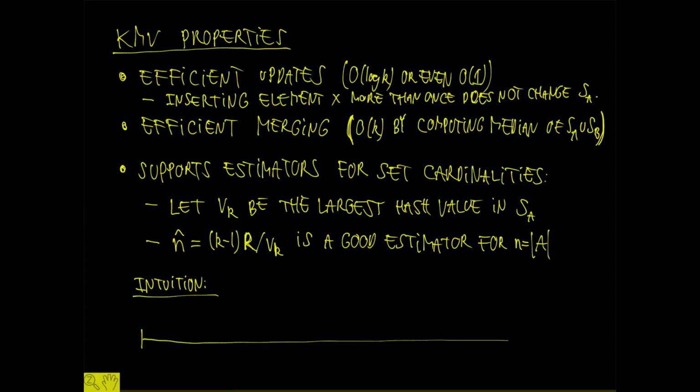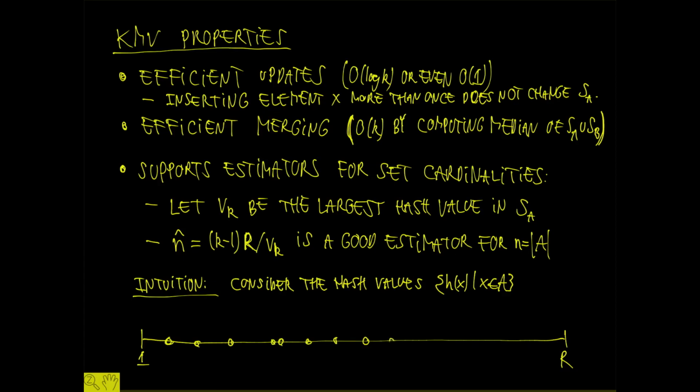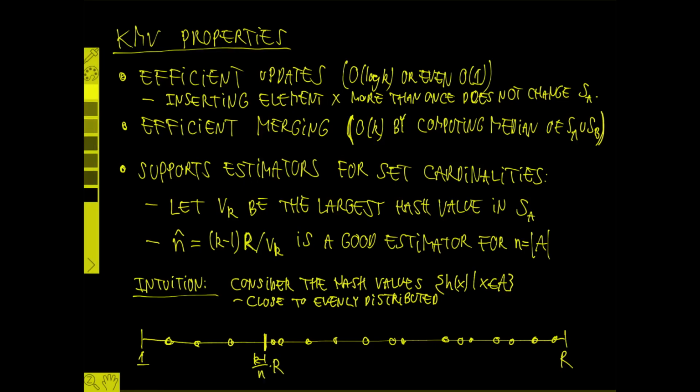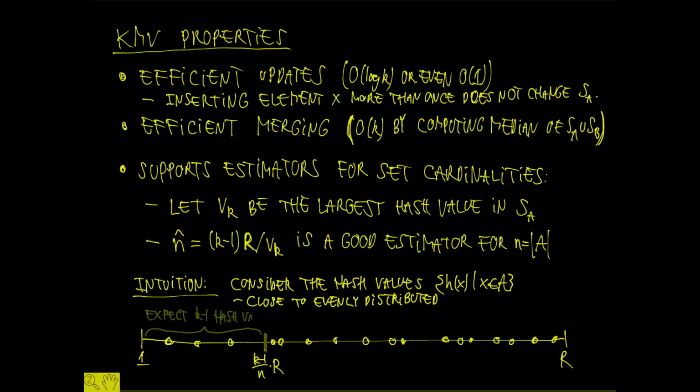So the intuition is the following. Let's look at all the possible hash values between 1 and r. And we can think about the distribution of these hash values. Well, because the hash function is supposedly random, these are close to evenly distributed. And if we look at a particular interval, for example, the one between 1 and k minus 1 over n times r, we can compute how many elements are expected.